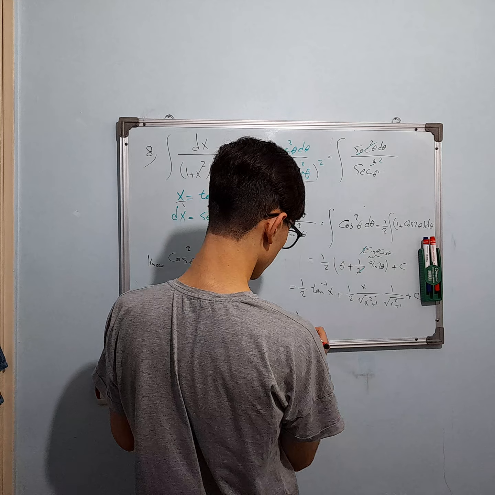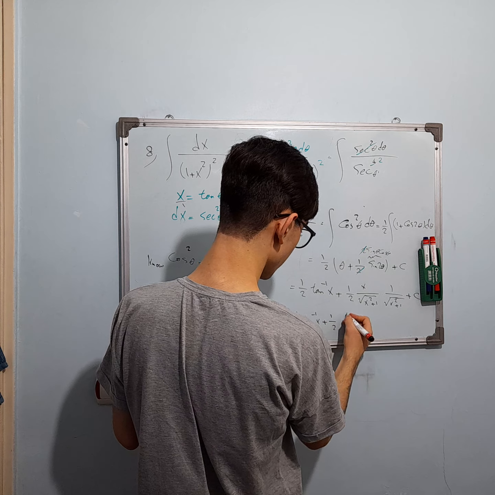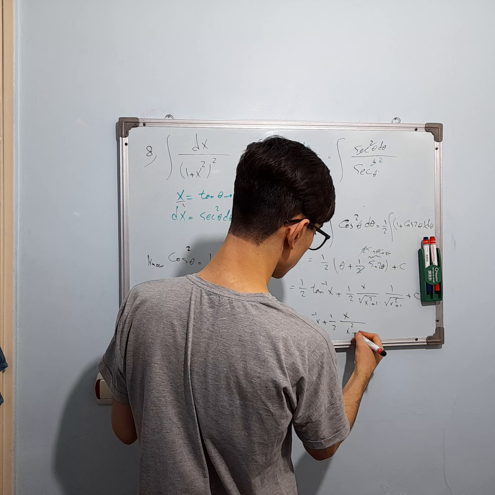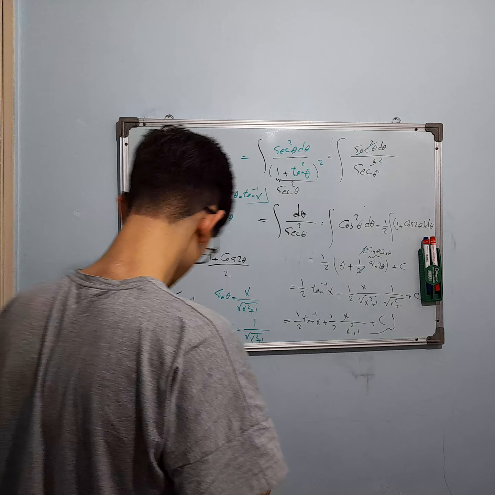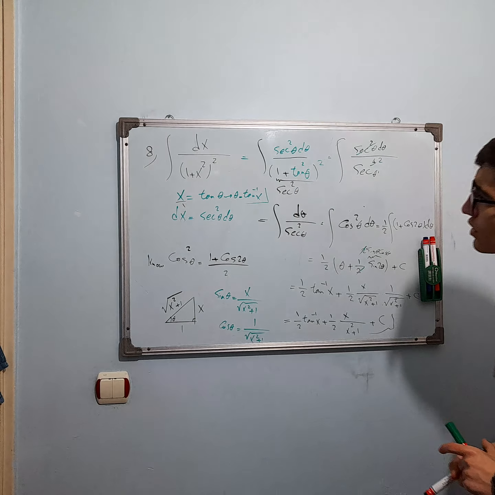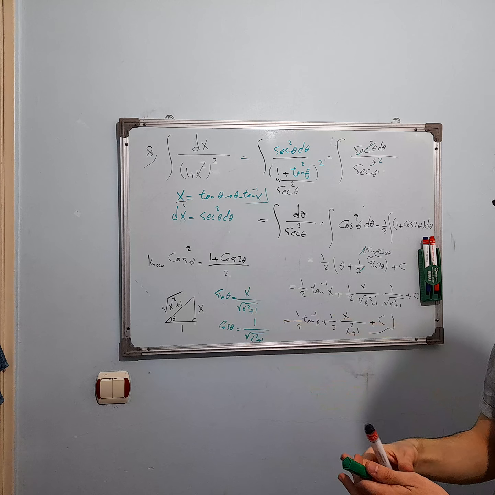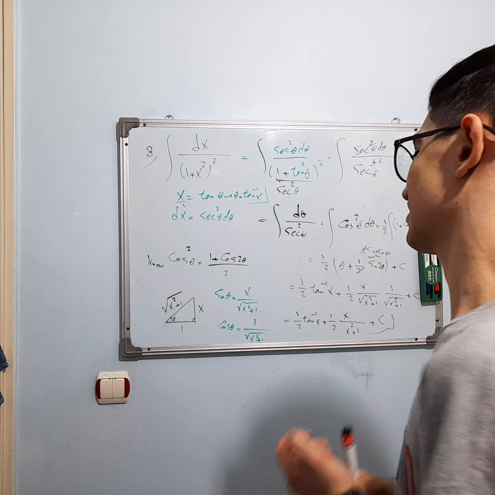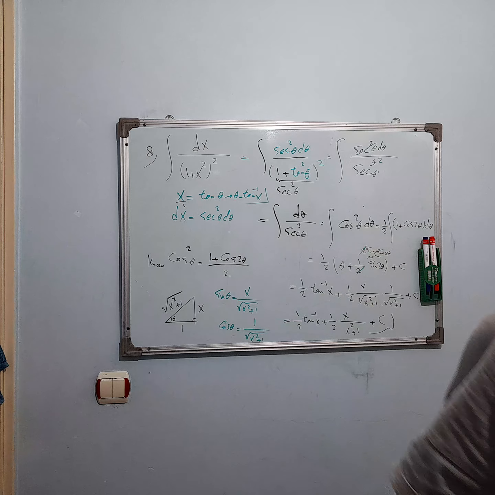Now 1/2 inverse tangent of x plus 1/2 times x over (x squared plus 1), plus c. This is the final answer. Have a look, it was not that hard. You just need to know to take x as tangent theta, and the rest is easy.